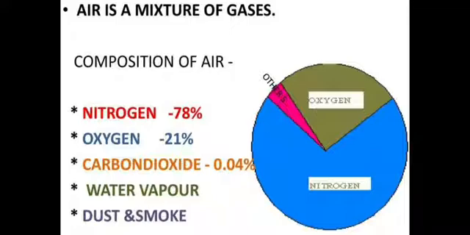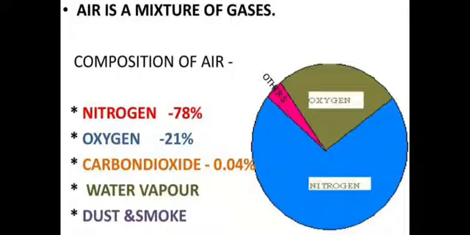If you see here, this is a pie chart telling us about the composition of air. What is present inside air? The blue color is the major part. The major part is nitrogen. Nitrogen accounts for about 78% in the air. So the major gas of air is nitrogen.